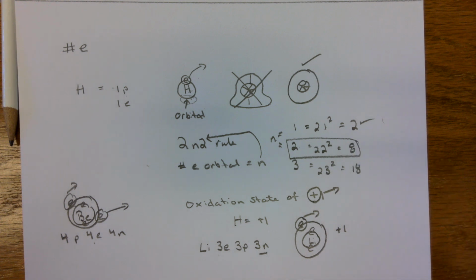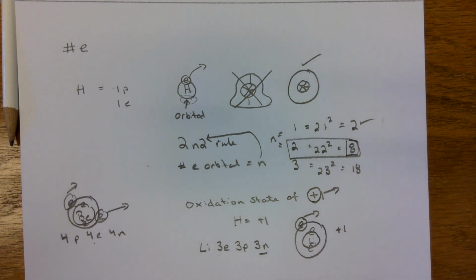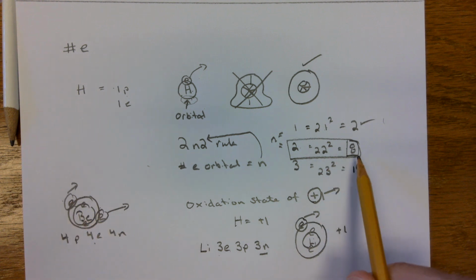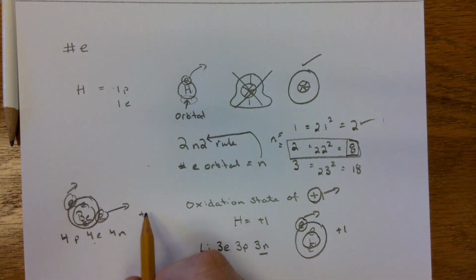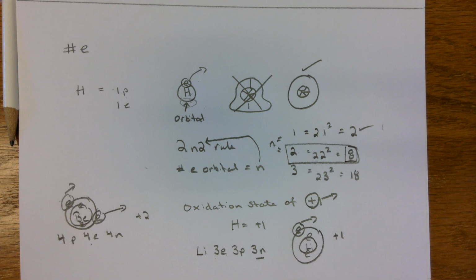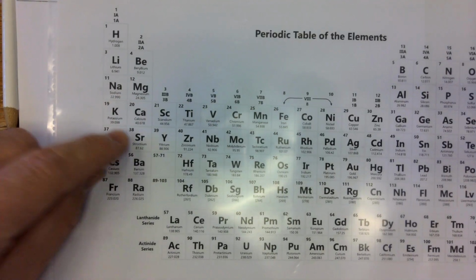How many electrons does it want? 8. It only has 2. So it is easier to get rid of 2 than it is to absorb 6 or to gain 6 to add up to 8. Which means beryllium is a +2, and everything below beryllium is +2. That includes magnesium and calcium and strontium, so on.